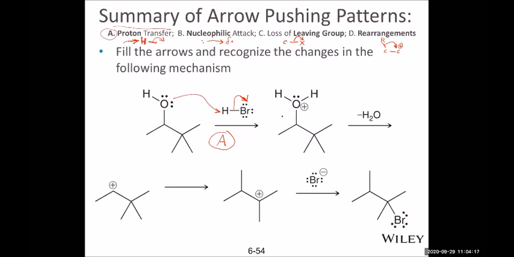Notice that the water part here has oxygen with a positive charge, while water has no positive charge. Also notice that in the final structure, this carbon has a positive charge. So that means when this bond breaks, the electrons should go with water.